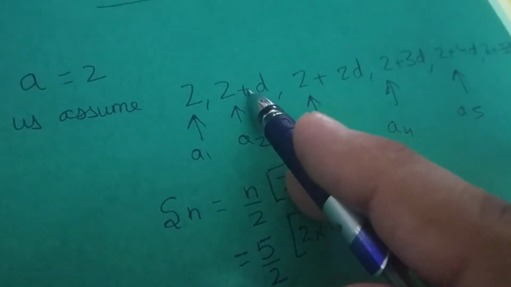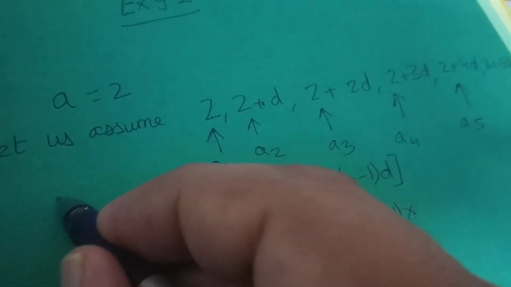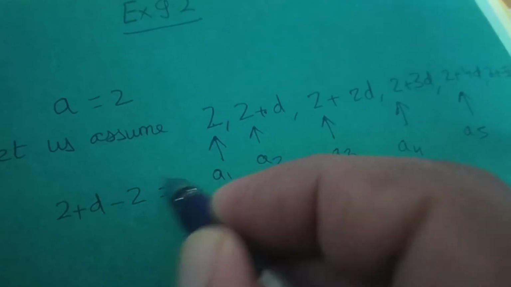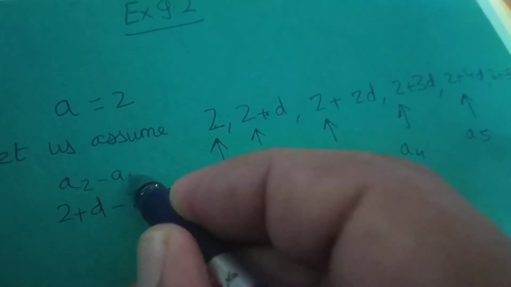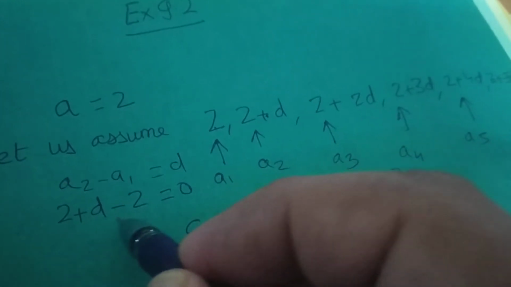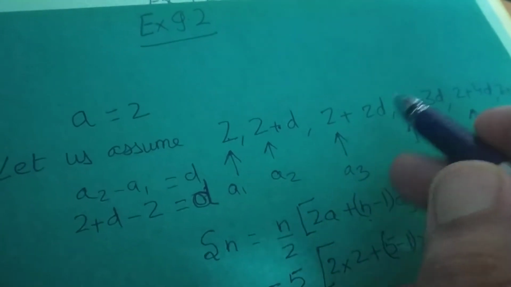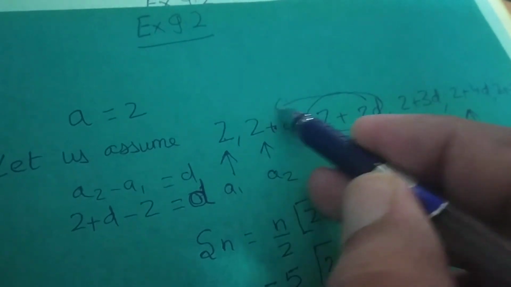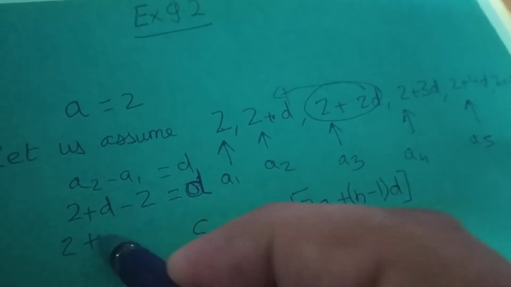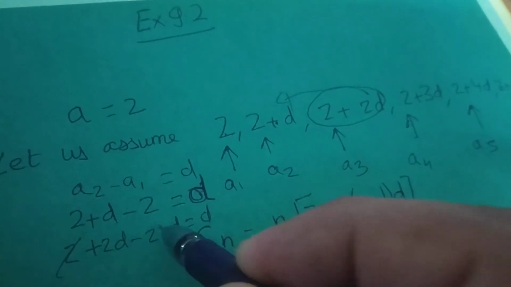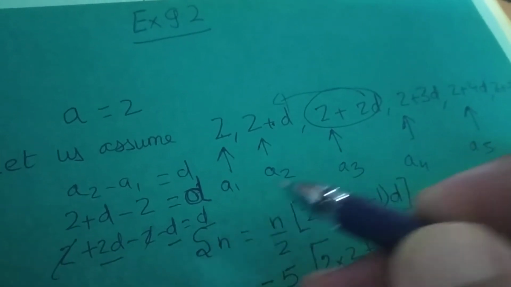The common difference is second term minus first term. The second term is 2 plus d and the first term is 2, so a2 minus a1 is equal to d. Then third term minus second term is 2 plus 2d minus 2 minus d, which is equal to d, because the 2 cancels and 2d minus d is d.